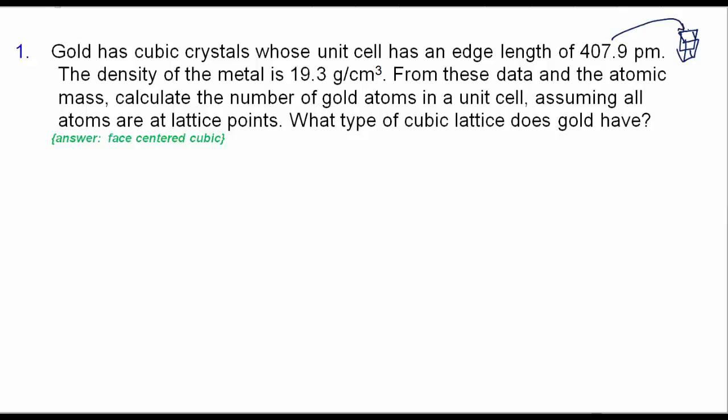The density of this gold is 19.3 grams of gold in every cubic centimeter. From these data and the atomic mass, calculate the number of gold atoms in a unit cell, assuming all atoms are lattice points. What type of cubic lattice does gold have?